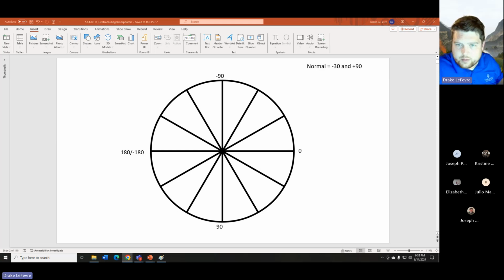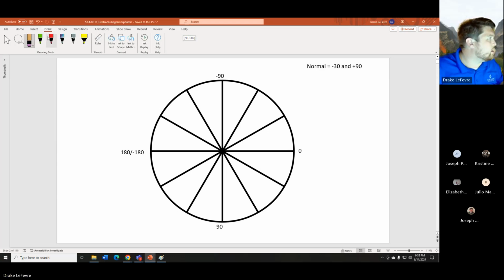So I'm going to draw in here where each of these leads are. Let me start with leads 1, 2, and 3. So we have lead 2. This is the positive direction. This is the negative direction. And that's at 60 degrees.